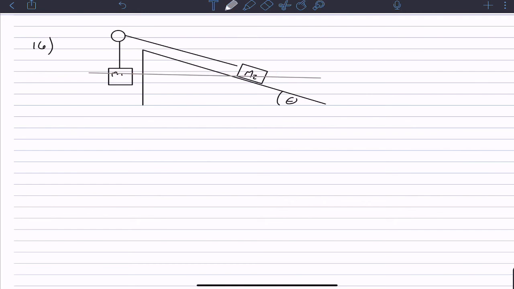We're told that this block on the left is going to go down a distance of h. That means that this other block is going to be pulled up an equivalent distance of h because they're connected by a rope. So if this travels down a distance of h, it's going to pull this rope a distance of h. So let's start setting this up.